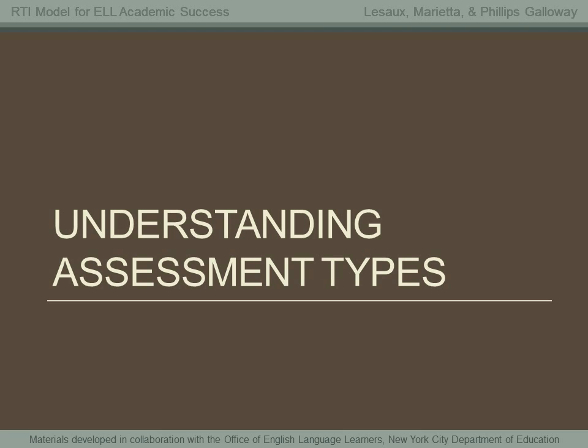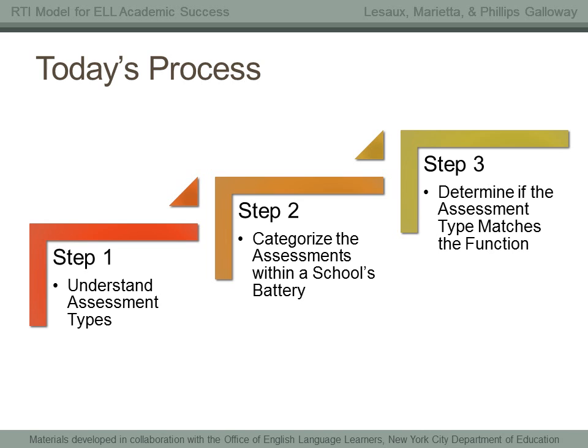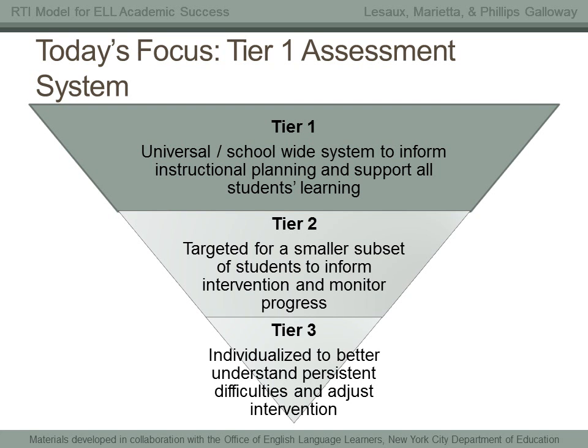First piece of this puzzle is understanding our assessments. So in our progression, we're on step 1. And our focus for today is really on our Tier 1 assessment system. We know that RTI is a multi-tiered system and that there'll be assessments at all of these different tiers.